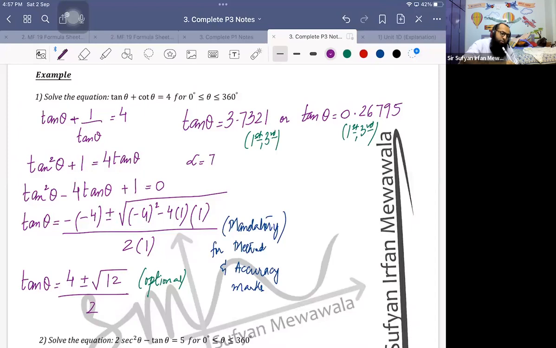The basic angle you are going to get is 75.0001888. Even if you're working in three decimal places, it is going to be 75.000. No need to write this. It's basically 75. It's approximately 75 degrees only.